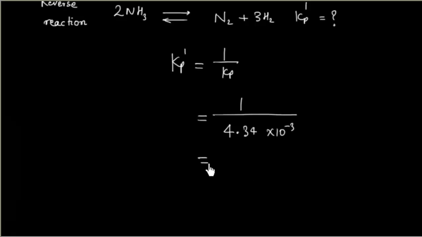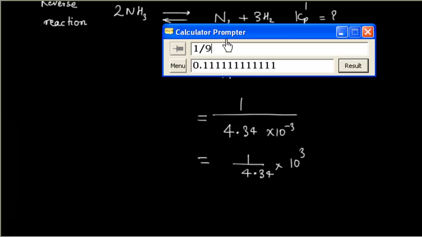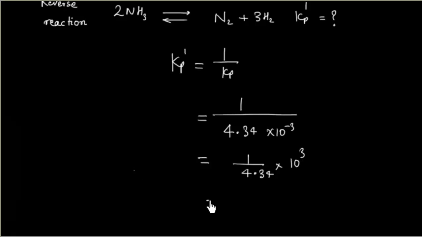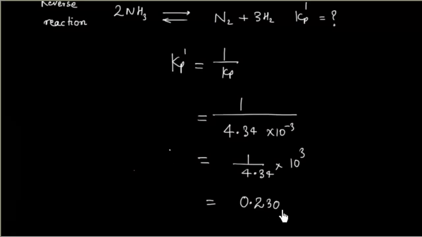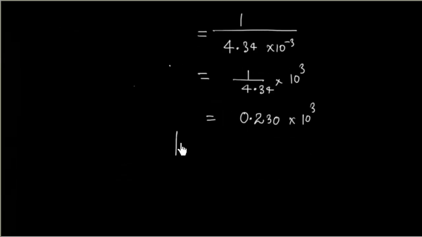So we will have this value 1 by 4.34 into 10 to the power 3, and now 1 by 4.34 is 0.23, and if I write up to 3 digits, 0.230 into 10 to the power 3, that is Kp dash will be 230.